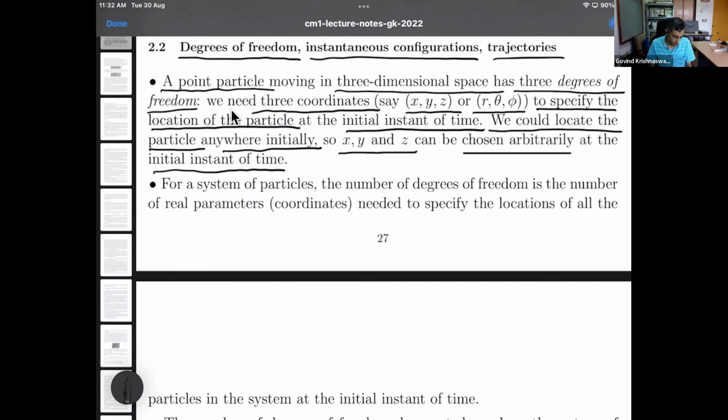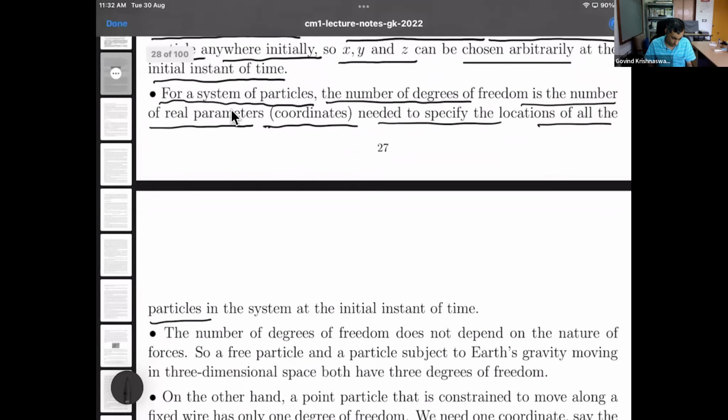So let's look at another example. Suppose you have a system of particles, not just one, but several of them. Then the number of degrees of freedom is the number of real parameters, that is real coordinates, needed to specify the locations of all the particles in the system at the initial instant of time.